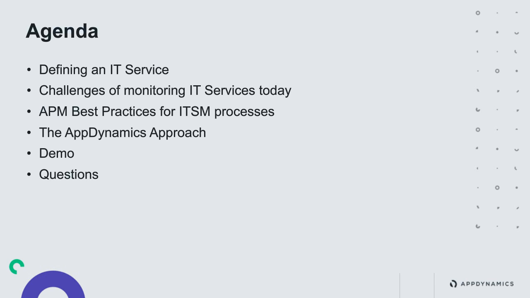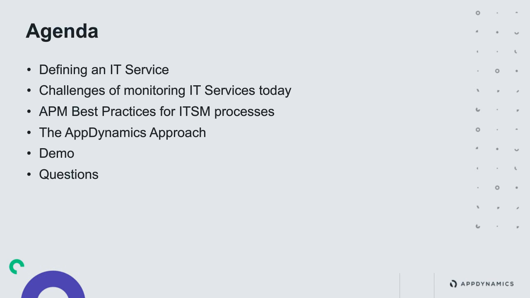We'll then dive into APM best practices for IT service management processes. And some of these teachings and guidance here is taken from the conversations and the work which we do with enterprise clients. Then we'll look at the AppDynamics approach, and then we'll move into a demo, and at the end there'll be time for questions.